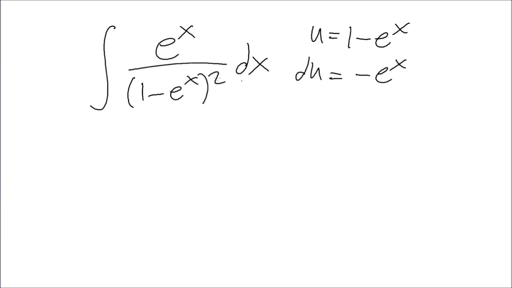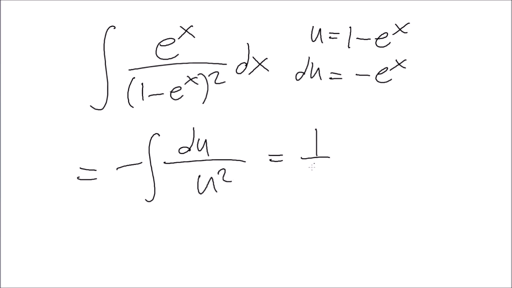But that negative doesn't harshly affect us because we treat the negative like it's a constant. So we're technically safe. And then this is 1 over u from our memorization video, and then this is just 1 minus e to the x plus c.